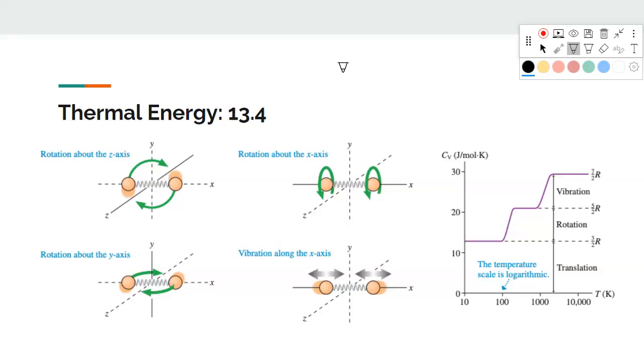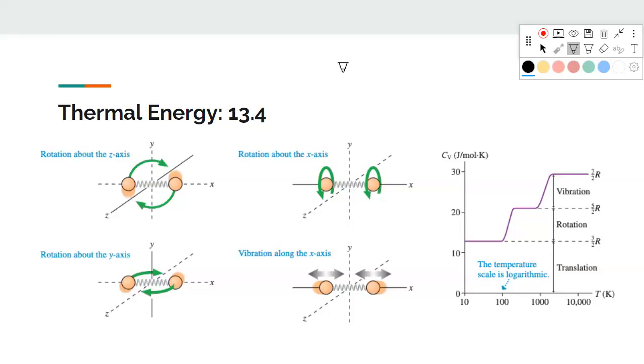And then I just like these pictures to help you imagine what's happening in these degrees of freedom. So you can probably imagine things moving in the X, Y, and Z direction. So I didn't include those. But if we have a diatomic molecule, you can imagine that there's some rotation in the Z and the Y direction, and the X direction.